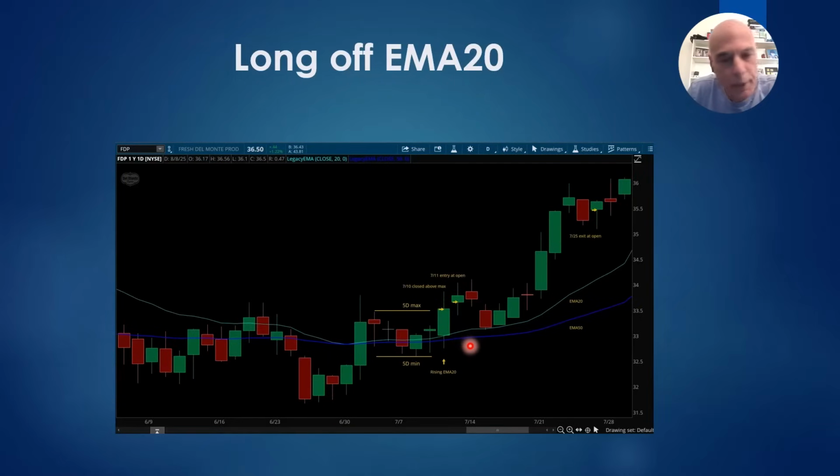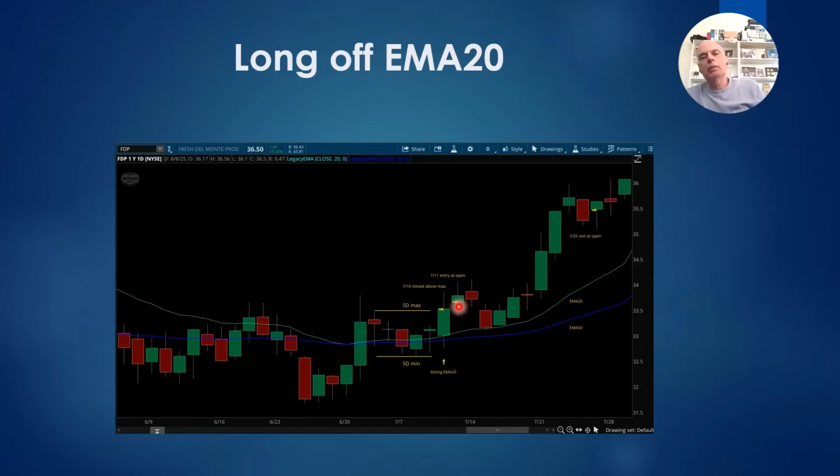We see that the previous 5 days range conforms to our criterion. And on this particular day, we closed above this tight range. So we enter the next day at the open, which is the 11th of July.